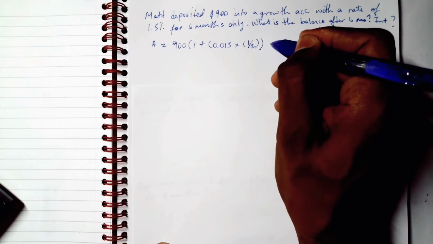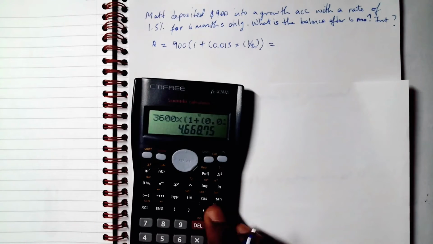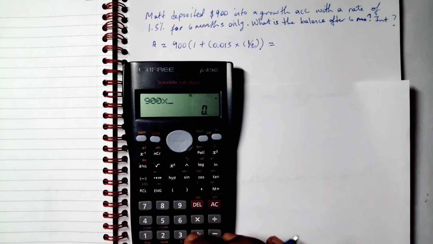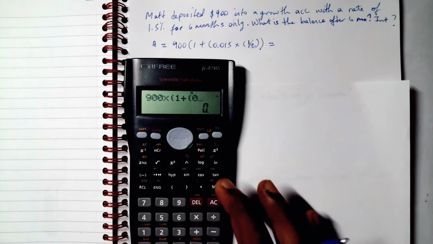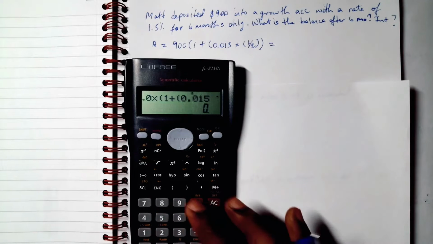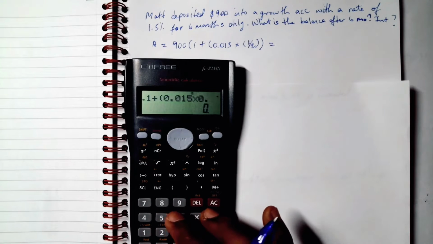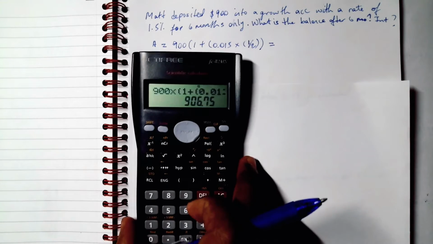Close that bracket. This is equal to, get our calculator, 900 times bracket 1 plus bracket 0.015 times 0.5, close our brackets. This is the accumulated amount.